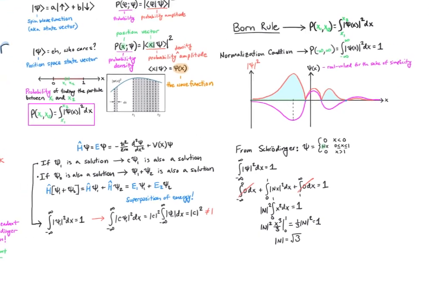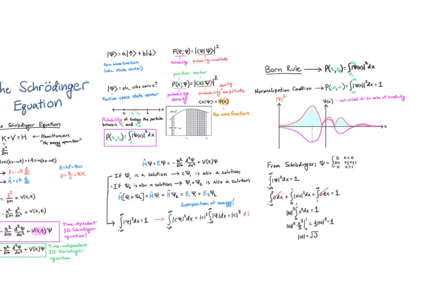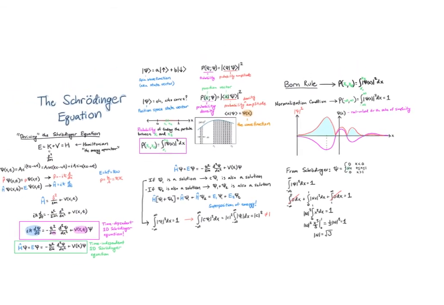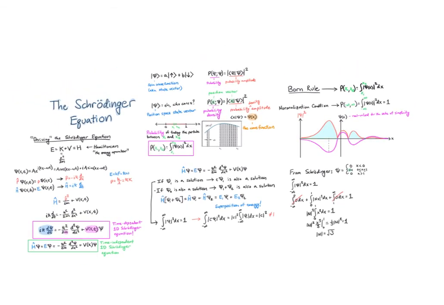elaborate on is the way that we came up with the Schrodinger equation. I want to emphasize again that we didn't derive it, we motivated it. In fact, there are some funky things that went on over here. In particular, this particular wave function is called a plane wave solution, and it only really works if V is equal to 0.